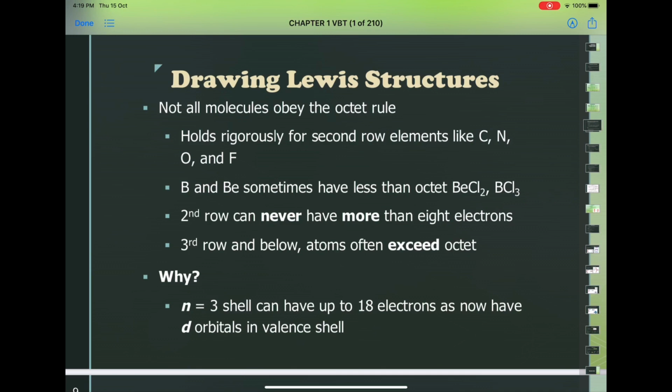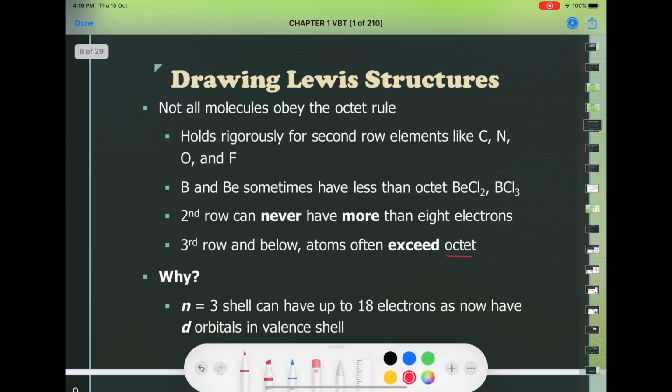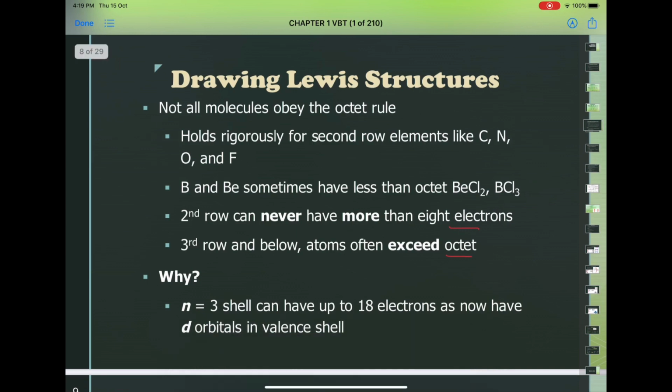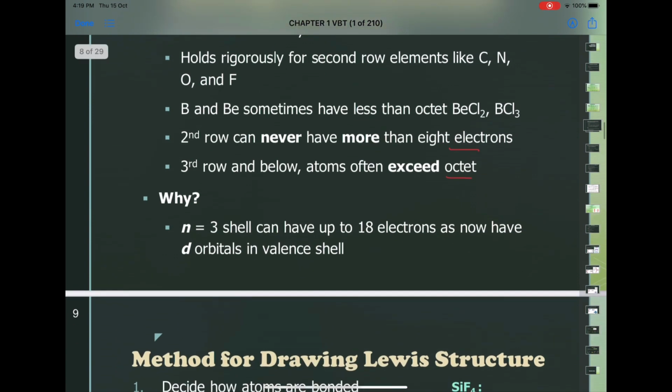Third row and below atoms often exceed the octet. The octet is 8 electrons. Why? This is because n equals 3, the third shell, can have up to 18 electrons, as it now has d orbitals in the valence shell.